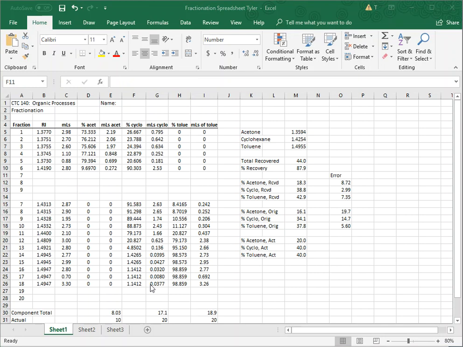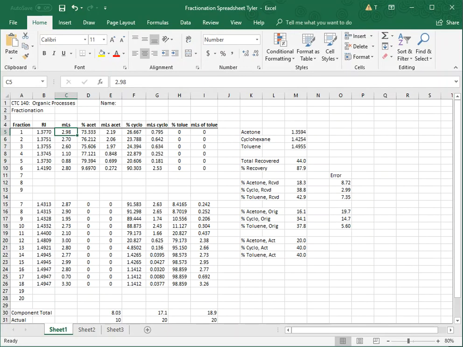And the next calculation that we need to talk about are the milliliters. So here's the thing. This is why you have to record your volumes throughout the fractionation. Once you use that equation that's in your lab procedure that you've also used on the pre-lab quiz to calculate the percentage of acetone in this first sample and the percentage of cyclohexane, you then need to go through and calculate the number of milliliters that is related to. So how do I do that? Well, look. Here you've recorded 2.98 milliliters of sample, right?